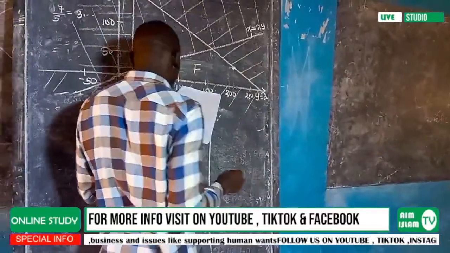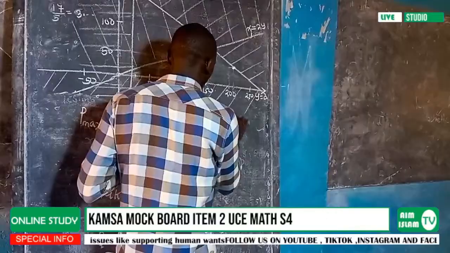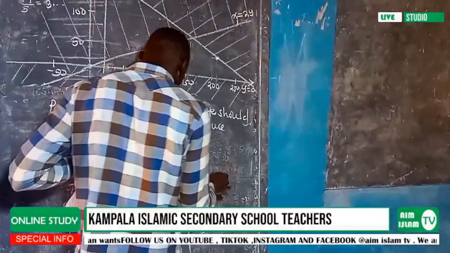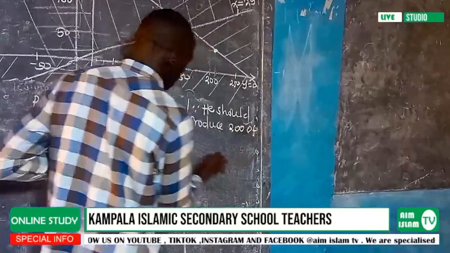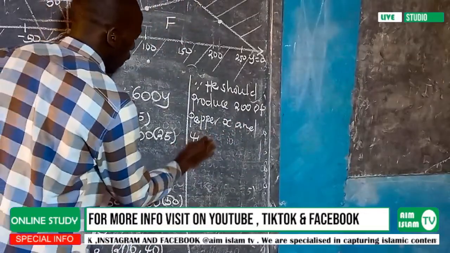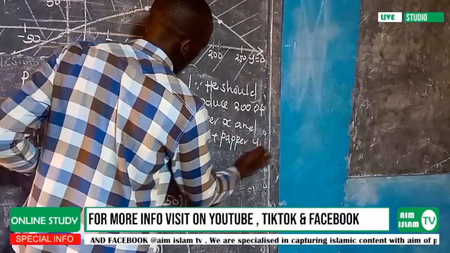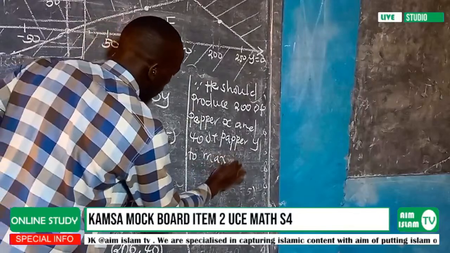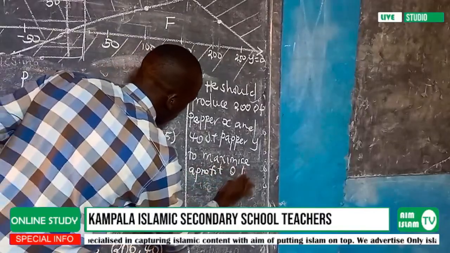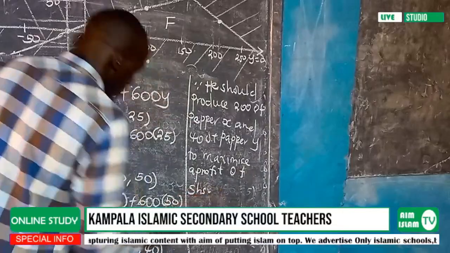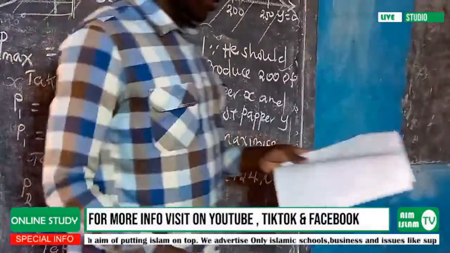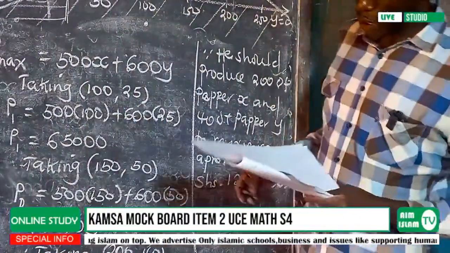So let us see how I'm going to proceed. We are going to say, we should produce 200 of paper X and 40 of paper Y to maximize a profit of shilling 124,000.